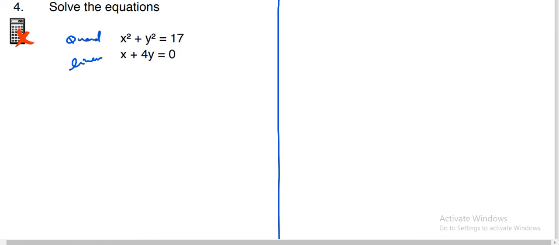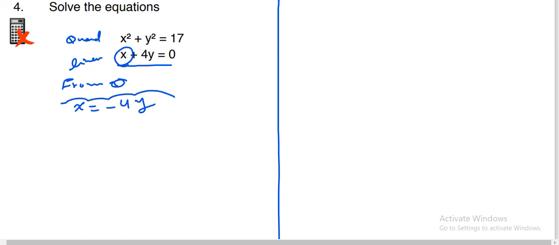So in the other equation, which is linear, we'll try to choose the variable with coefficient 1 or negative 1 if it exists. Here we have variable x, so from equation 2 we say x equals negative 4y. This is equation star.